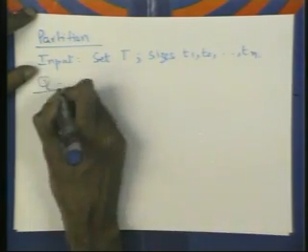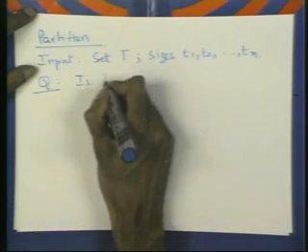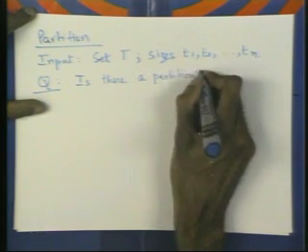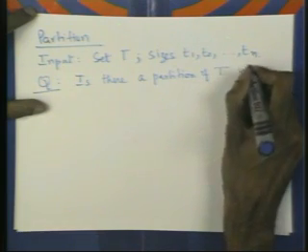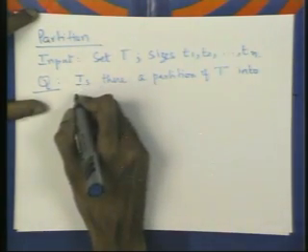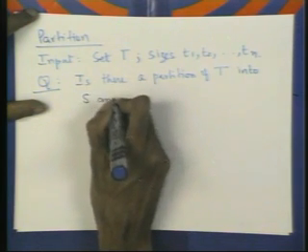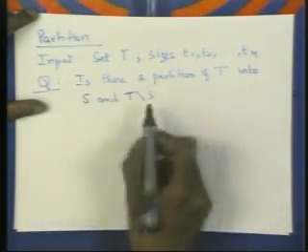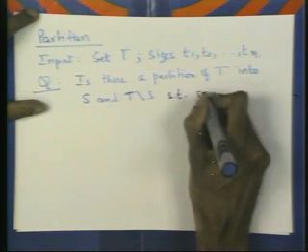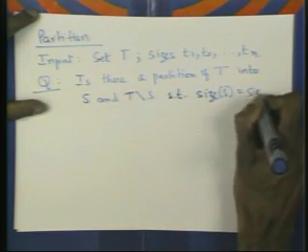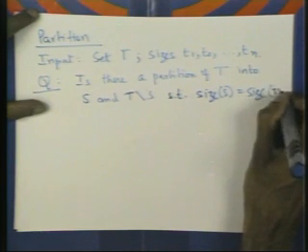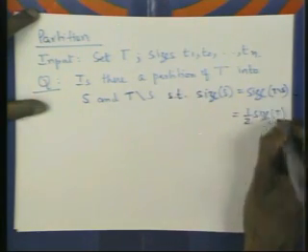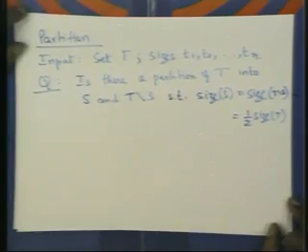Okay, the question we would like to ask is, is there a partition of T into subsets, let's say S and T minus S, such that the size of S equals the size of T minus S. So this should be exactly half the size of T. So can you partition it into two parts, both of which have exactly equal size?